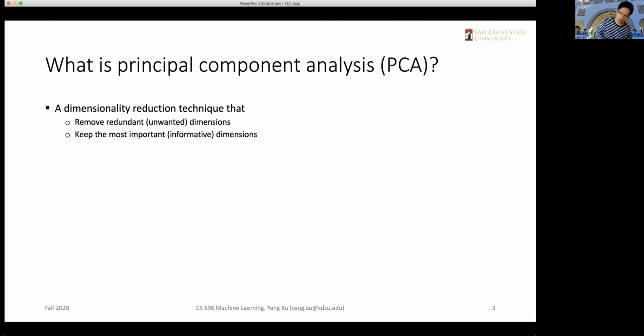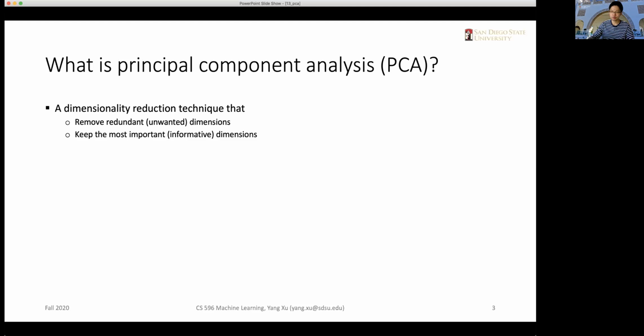But PCA provides a quantitative way to help decide which dimensions carry more information. It is basically a way to distill the data and make life easier.